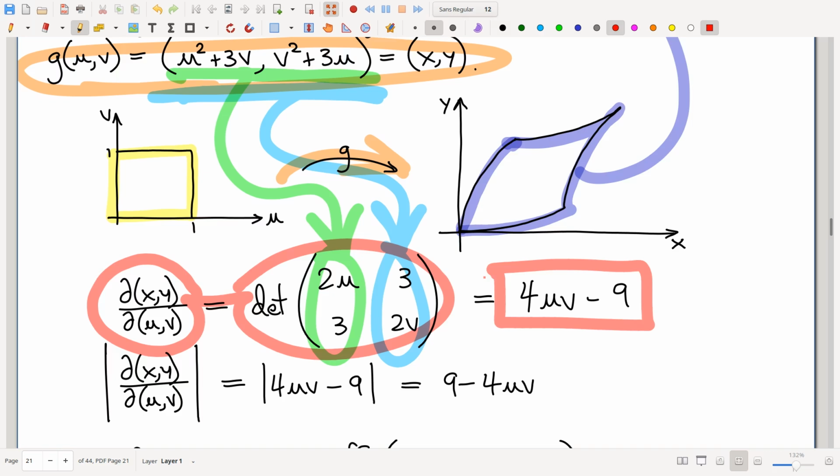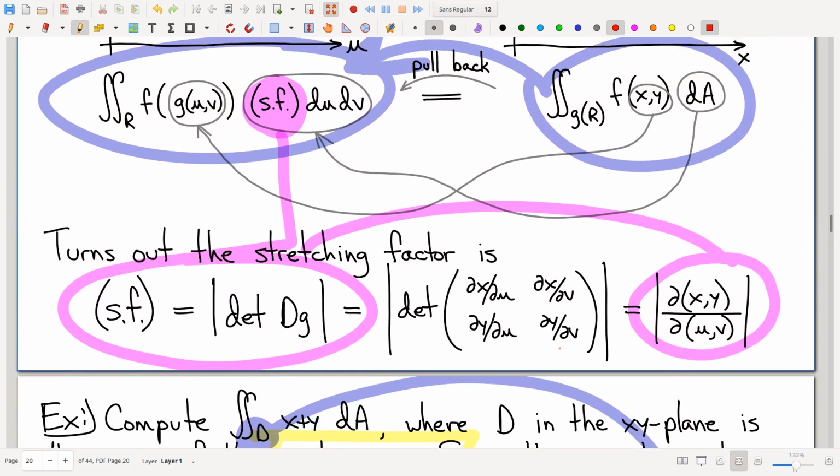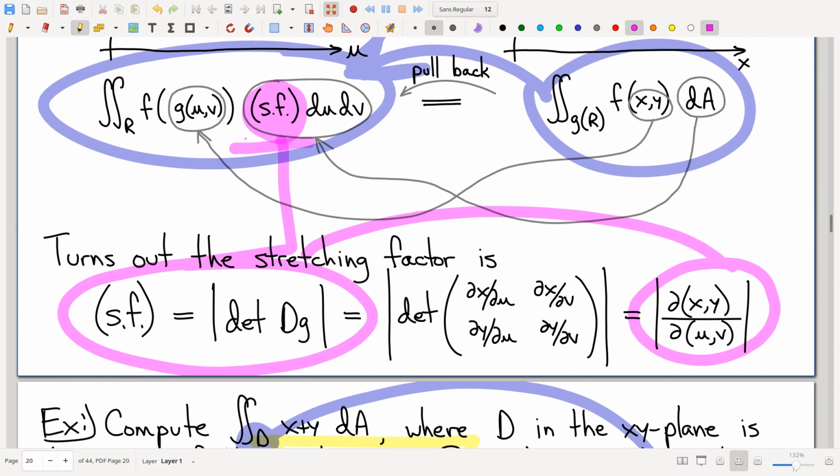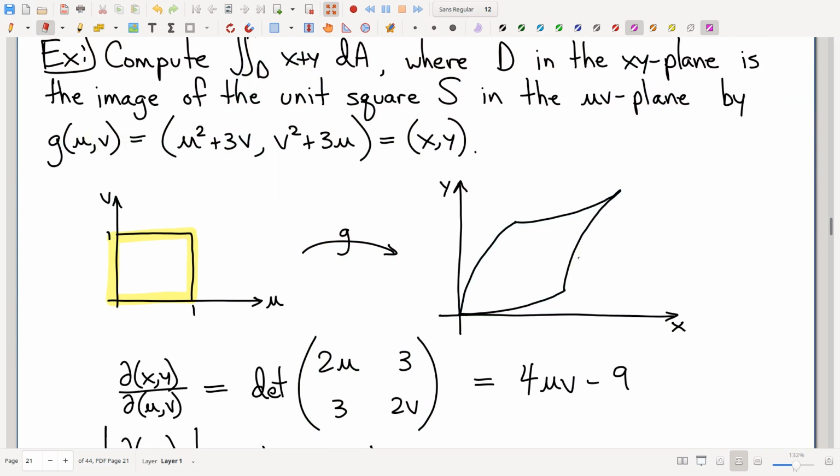And then the last thing to remember, real easy to forget, is that what we're actually interested in for our stretching factor is specifically the absolute value of that Jacobian determinant. So looking at this expression, here's where we're going to have to pause and kind of recollect, reevaluate our situation.